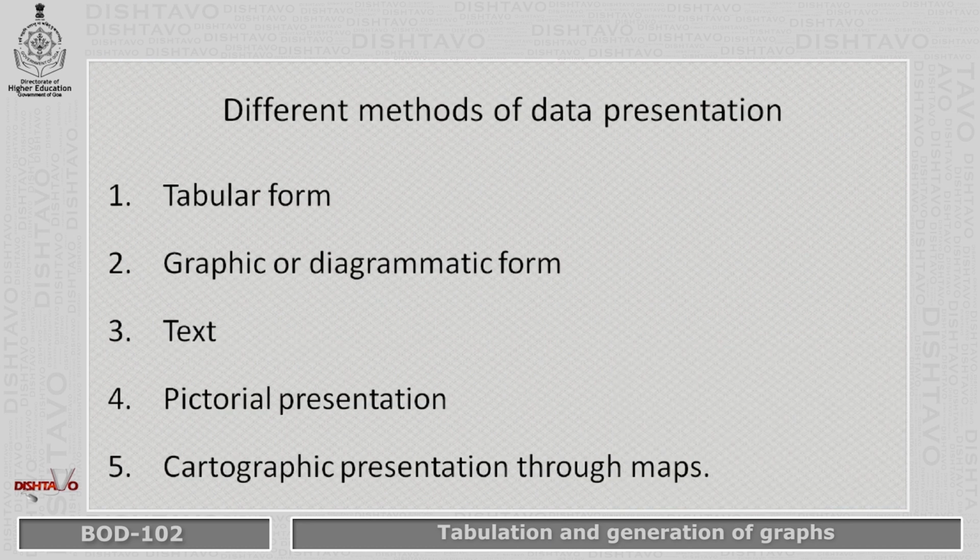The different methods of data presentation are as follows. First is tabular form. Second, graphic or diagrammatic form. Third, text form. Fourth, pictorial form. And the fifth one is cartographic presentation, which is done through maps.